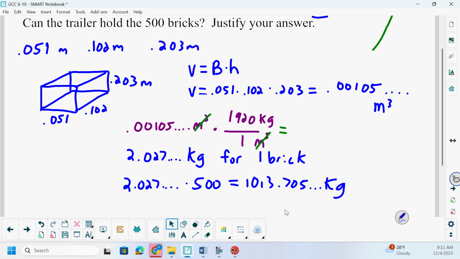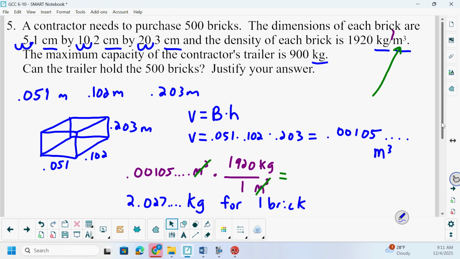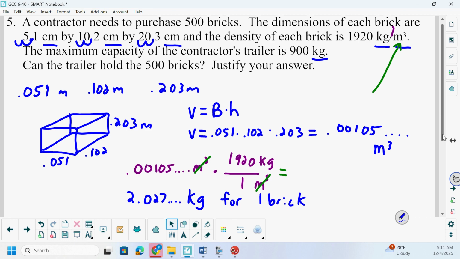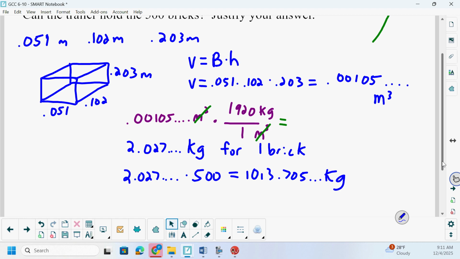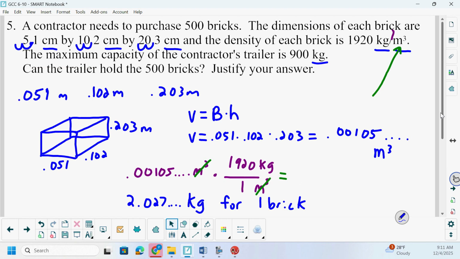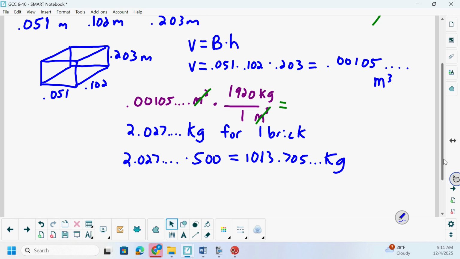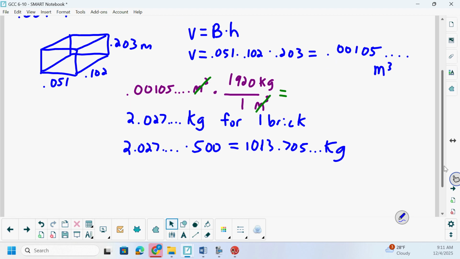And this one, it doesn't ask us what the kilograms are. We just need to compare it to see if the trailer can hold it or not. So we would say, in this case, because our bricks, the mass is going to be greater than the capacity of the trailer, which is 900 kilograms, we would say that no, it will not. So can it hold the bricks?